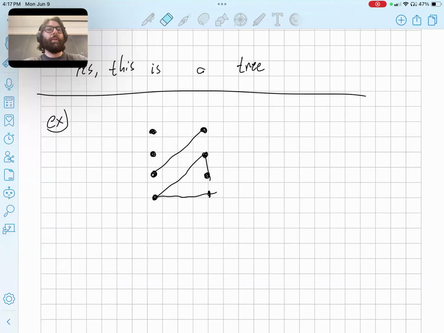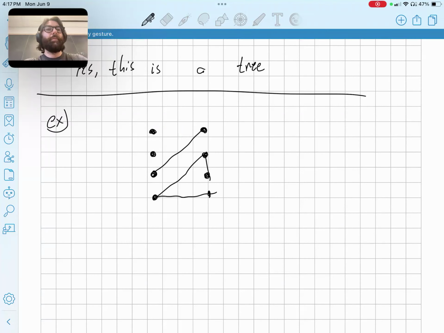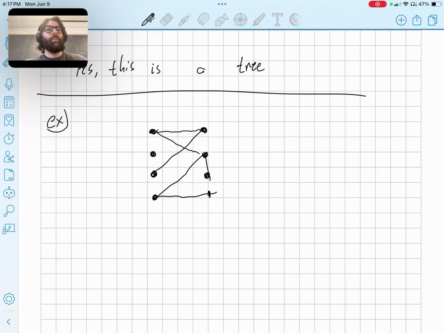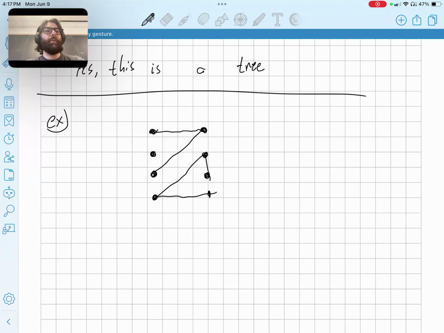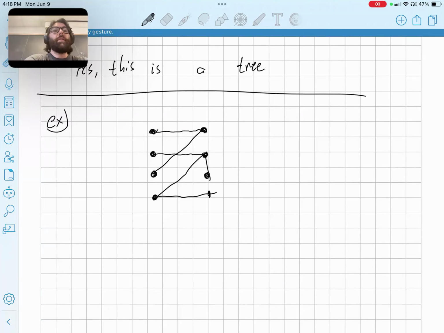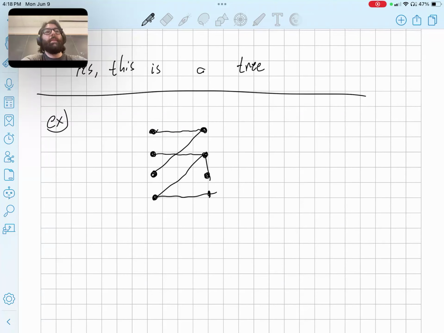Let me draw it a little better. Is this a tree? Well, maybe. It's not even easy to tell if it's connected because we have edges that overlap, but that doesn't mean it's connected or not. So it's kind of hard to tell.